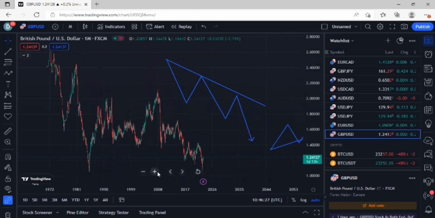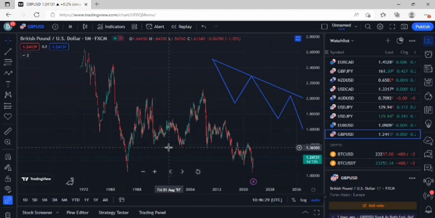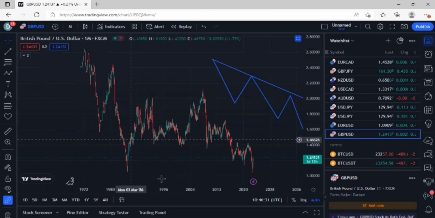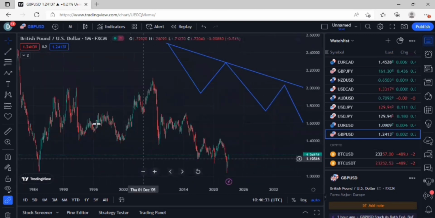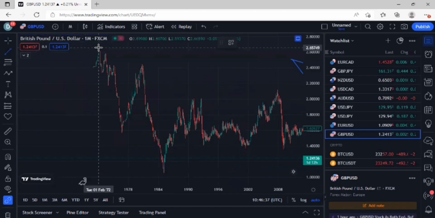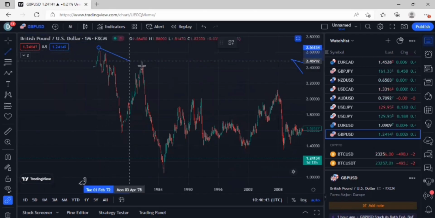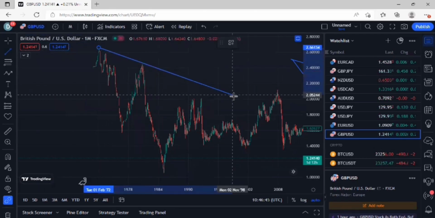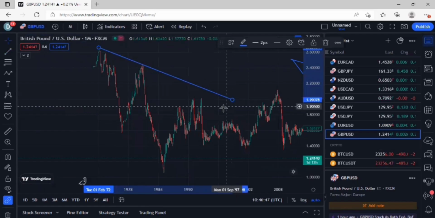When you come to the chart, you don't just draw it anyhow. When you want to draw a trend line, you pick the wick of the candle, the highest wick of the candle, not the body. Some people pick the body, but I don't use the body.